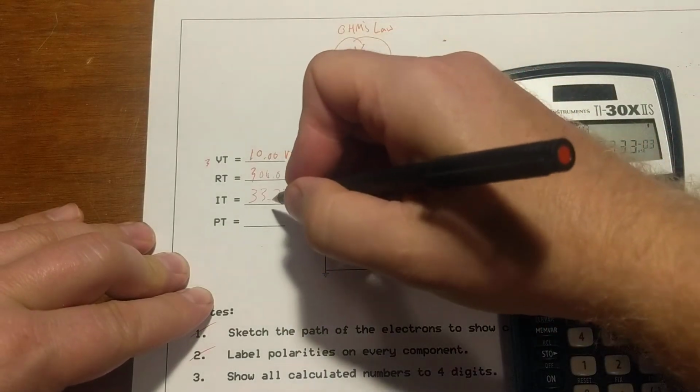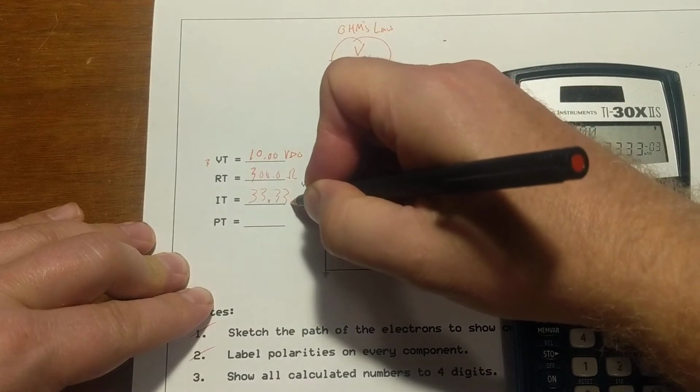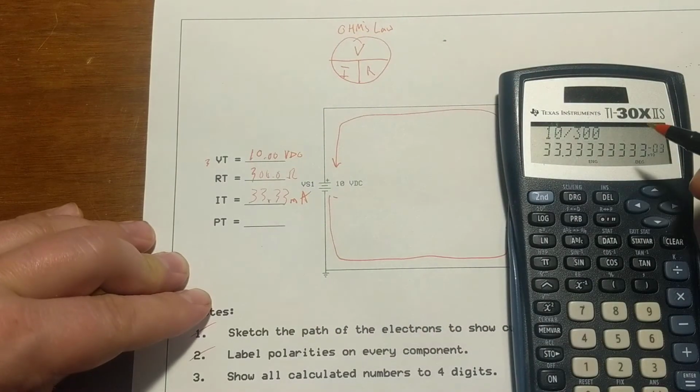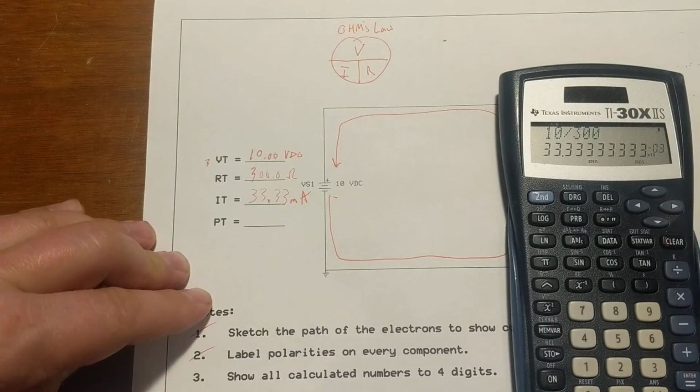Really trying to do this around this camera here. I'm going to have to come up with a better method. So 33.33 milliamps.